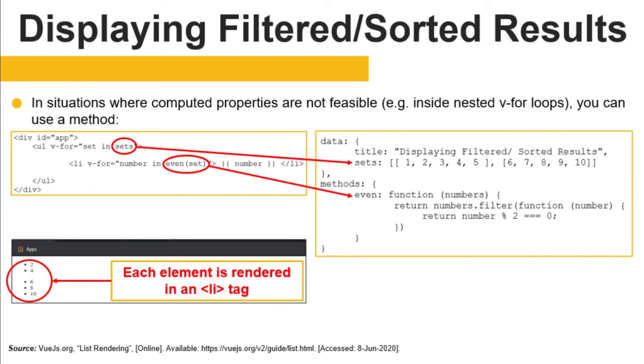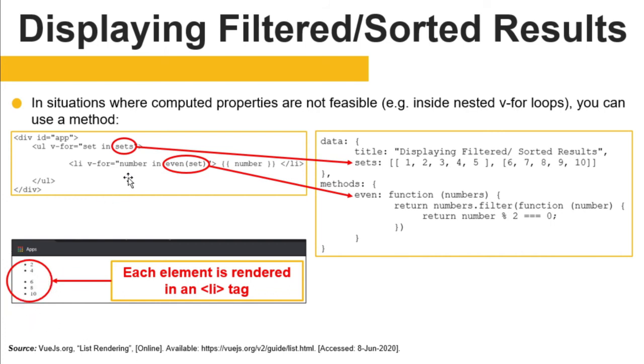Based on our example, for every set, which is an array within an array named sets, we will loop again by using the li tag and will call the even method to filter only those even numbers. Note that every even number that will be returned will be rendered in a separate li tag. So this will be our output.